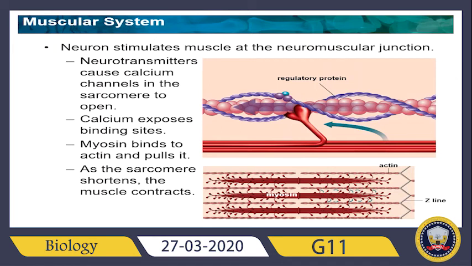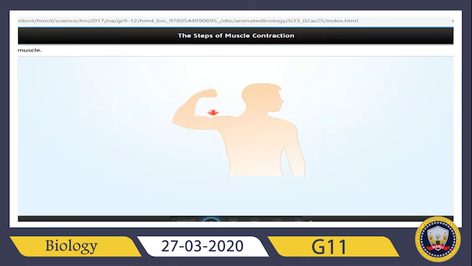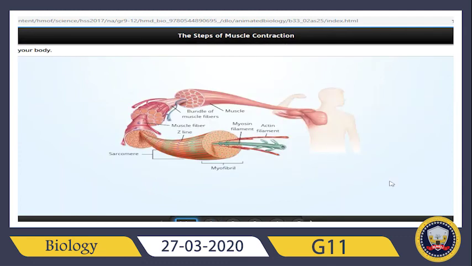So, to sum it up, this is a contraction. Before this, a muscle, a bundle of fibers, a fiber, a myofibril, exactly. Inside the myofibril, sarcomere. The sarcomere is composed of myosin filaments and actin filaments.